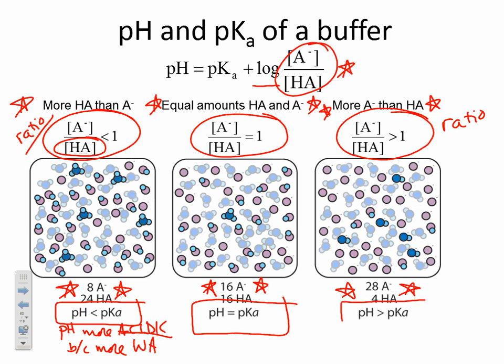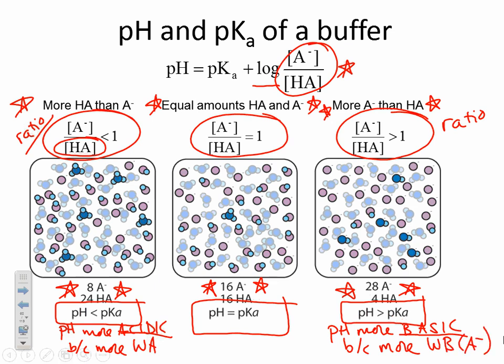Now you wind up with this situation where the pH of the buffer is greater than the pKa of the acid component. Again, this should make sense because now this is saying that our pH is more basic than the pKa of the buffer on its own. And the reason is because we have more of the weak base, right? More A minus.